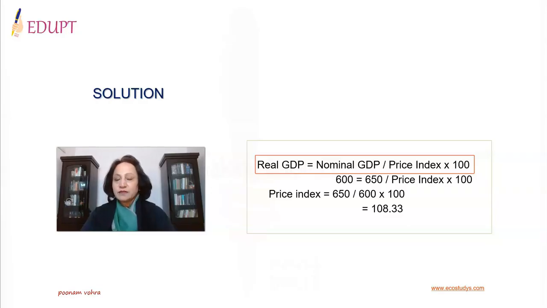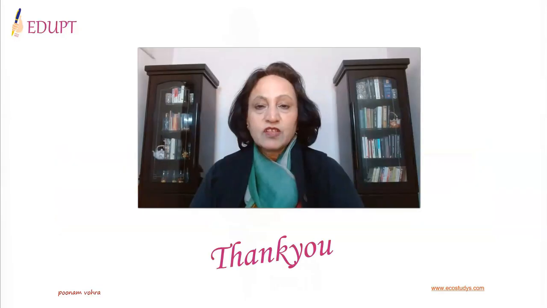So now one can substitute numerical values as given. That is 600 is real GDP is equal to 650 given as nominal GDP divided by price index into 100. It's simple. Now solve it and you will get the answer. Answer is price index is 650 divided by 600 into 100, which is 108.33. So with this, the session comes to an end.